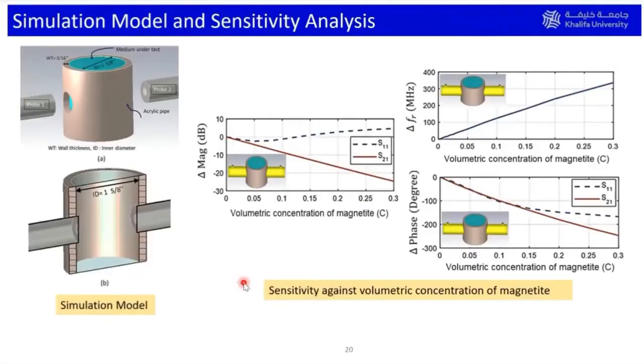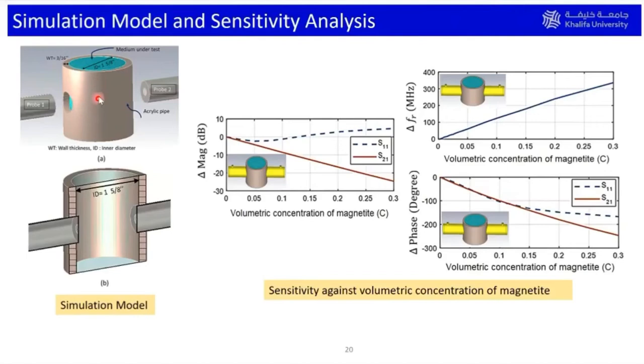Now this is a very important aspect, which is the sensitivity analysis. Earlier, we were attaching these two probes to the main fluid propagating line. So we modeled an equivalent electromagnetic model in CST, or you can design it in any electromagnetic software.